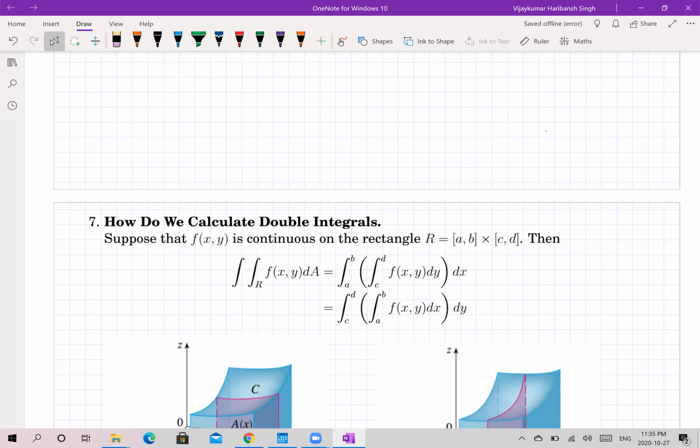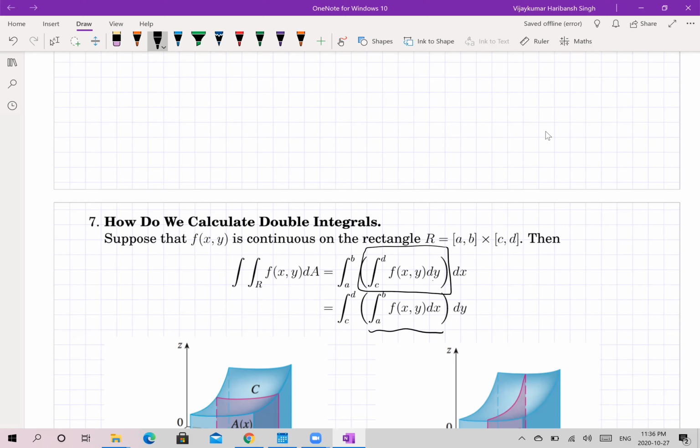So we have the following result: if you take a function f of xy which is continuous on the rectangle [a,b] cross [c,d], then the integral over R of f of xy dA is the same as the integral from a to b of, first you compute the integral from c to d of f of xy dy, and then integrate the remaining with a to b dx, or the integral from c to d of the integral from a to b of f of xy dx dy.